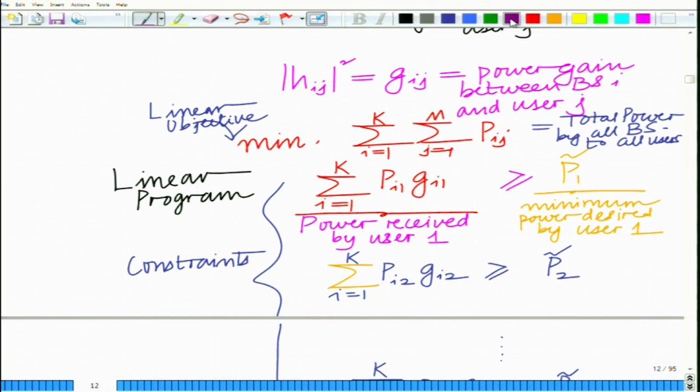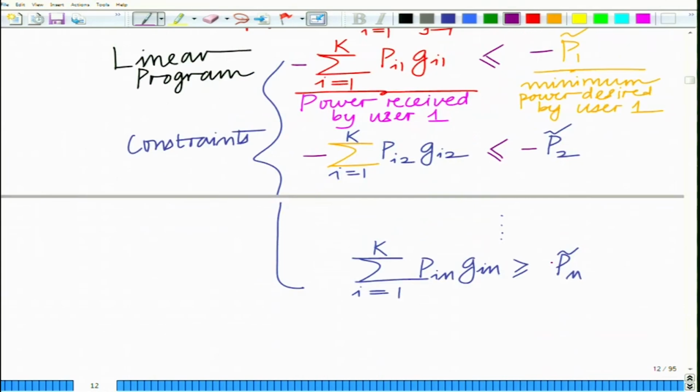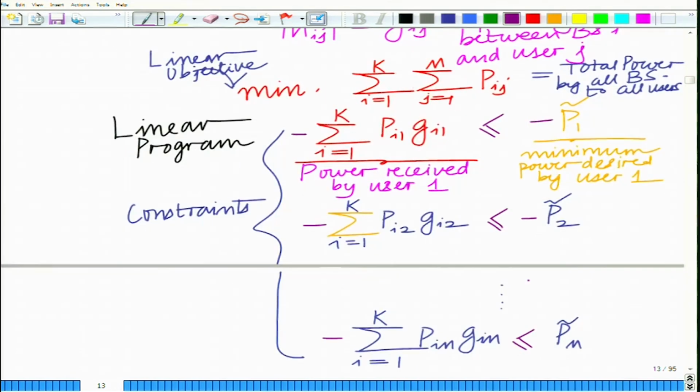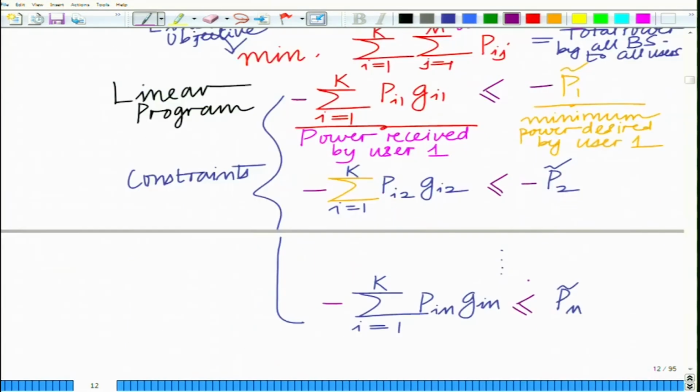Now, also note that in the standard form convex optimization problem, the inequalities have to be less than or equal to. So, one can readily convert it to the standard form by simply introducing a minus sign. So, I will have a minus in front of everything, and the inequalities become less than or equal to. So, this becomes minus is less than or equal to, and this is now your standard form linear program.